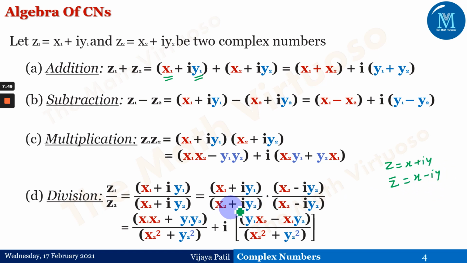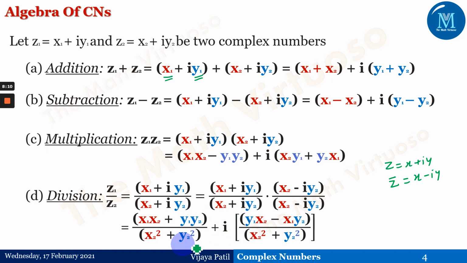The same thing happens here: for x2 plus iy2, the complex conjugate is x2 minus i times y2, and therefore we multiply and divide by x2 minus i times y2. After that we do the multiplication of the numerator and of the denominator, and you get this type of equation.